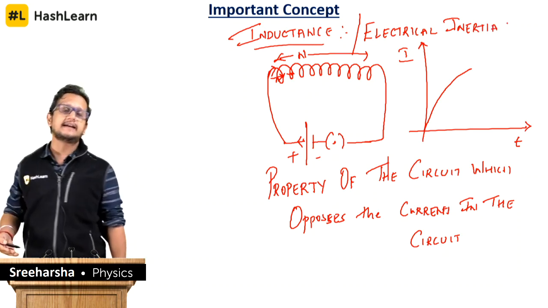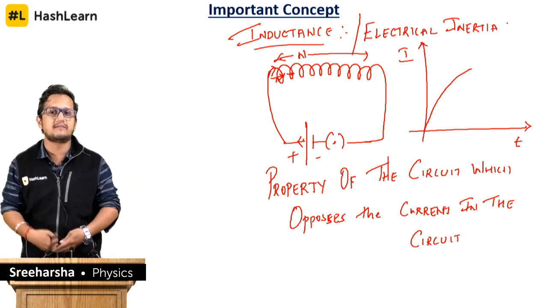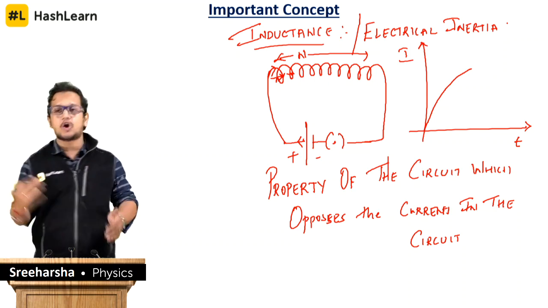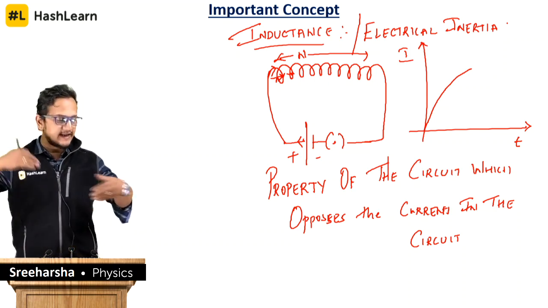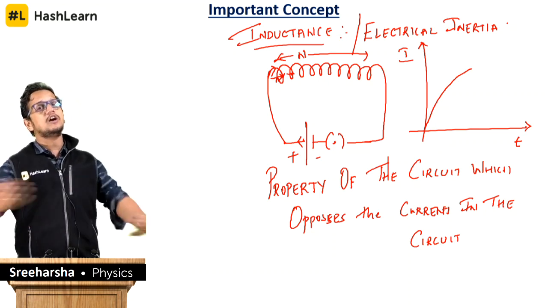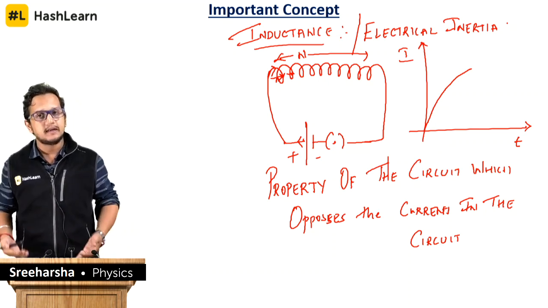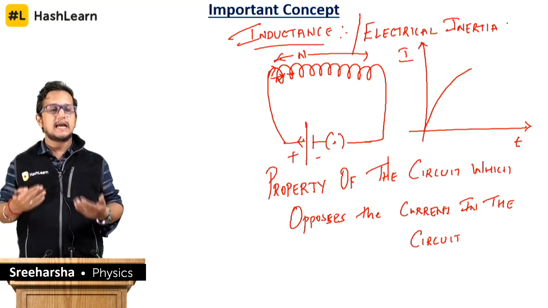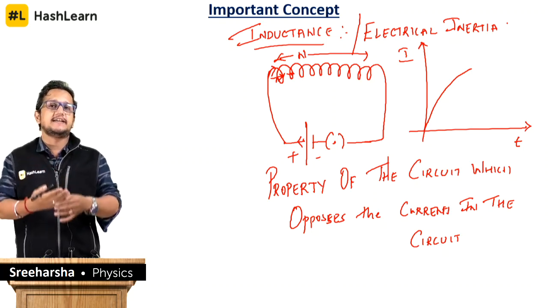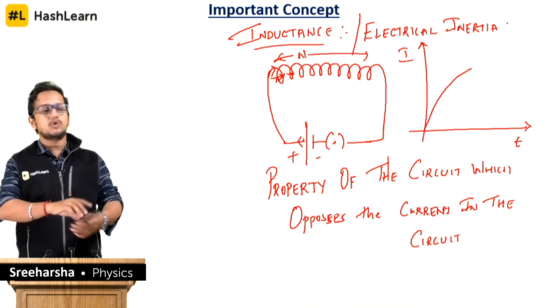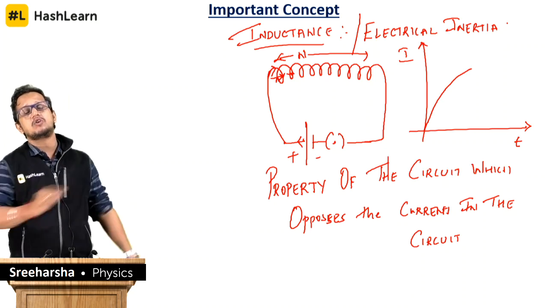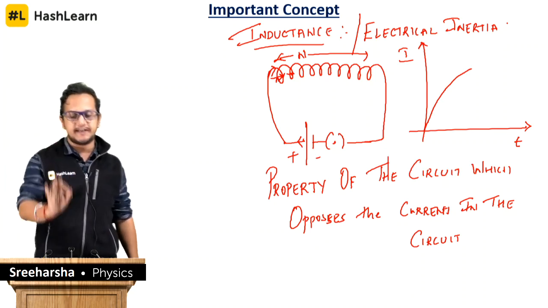So what is the job of inertia? To oppose the cause acting on the force. If I impose a force, it wouldn't start suddenly moving. It will oppose that force, and that is called inertia, which we are very familiar with. So inductance is also called electrical inertia.